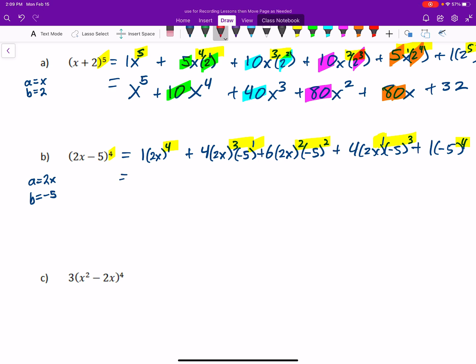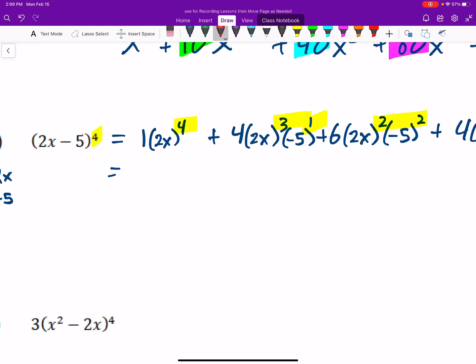So we have to remember our exponent laws. 2x to the 4, I have to apply that exponent 4 to the 2 and to the x. So 2 to the 4 is actually equal to 16, and 16 times 1 is still 16. So I get 16x to the 4. I'm going to apply the 3 to the 2 and to the x.